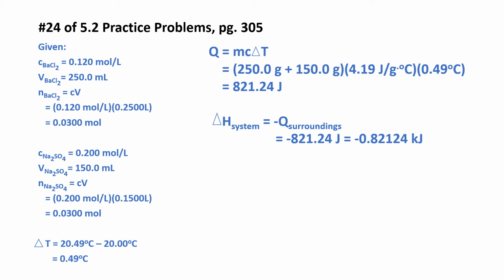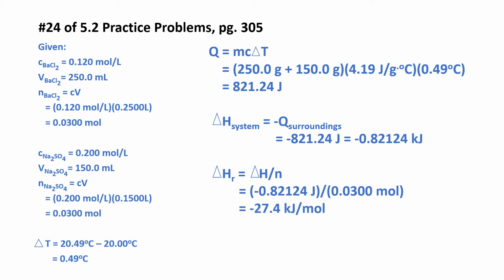And remember, that involves moving your decimal place 3 places to the left to go from joules to kilojoules. We can now plug it into our formula for molar enthalpy and take the enthalpy of the reaction divided by the number of moles. So we take that value of negative 0.82124 kilojoules and divide it by the 0.03 moles, and our molar enthalpy of the reaction is negative 27.4 kilojoules per mole, indicating that it is an exothermic reaction.